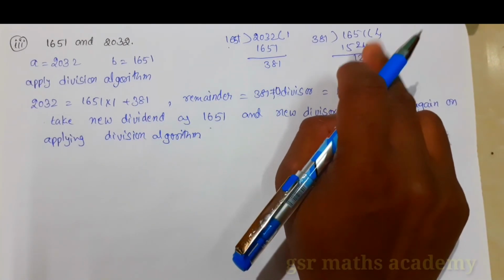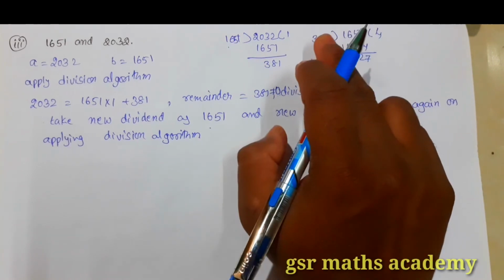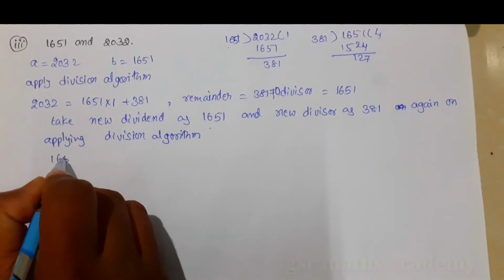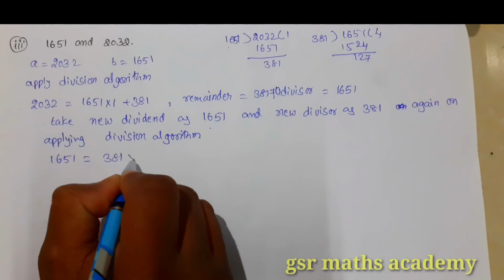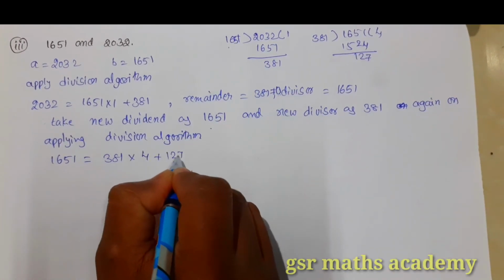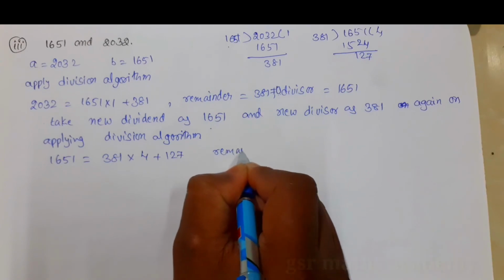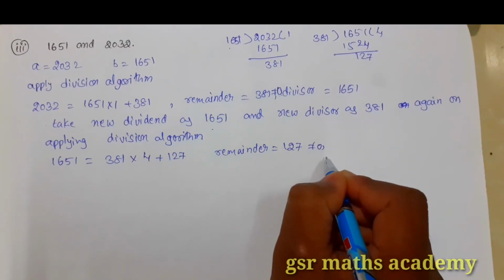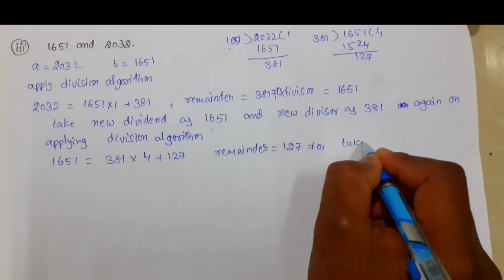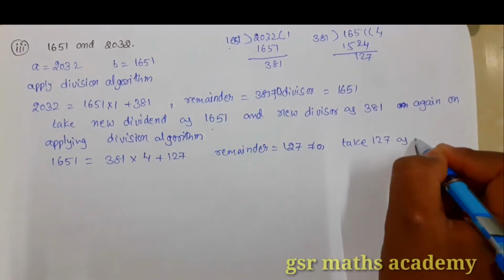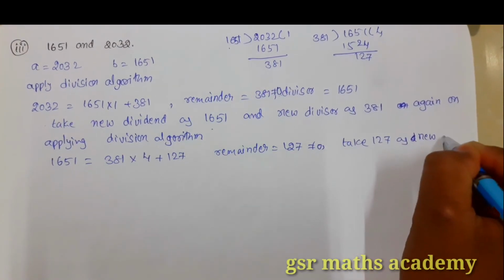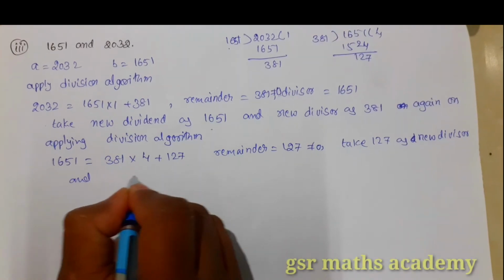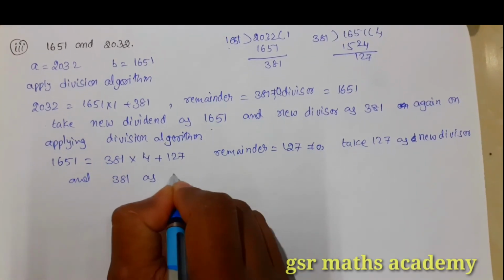In this case, what is the next step? On applying Euclid division algorithm for 381 and 1651, 1651 can be written as 381 into 4 plus 127. Here, what is the remainder again? Remainder is 127, which is not equal to 0. So take 127 as a new divisor and 381 as a new dividend.